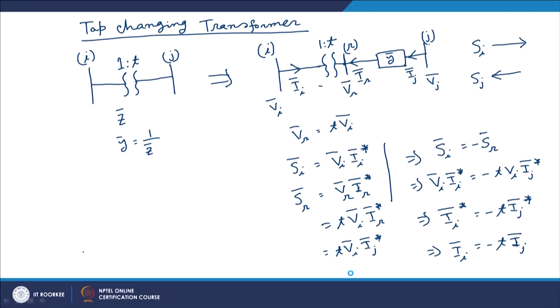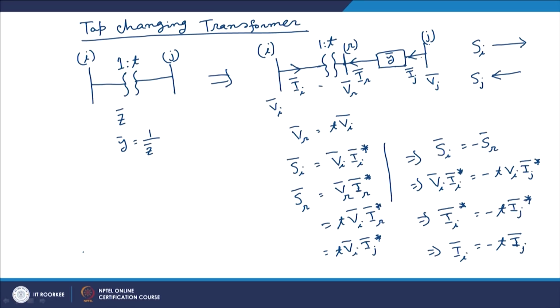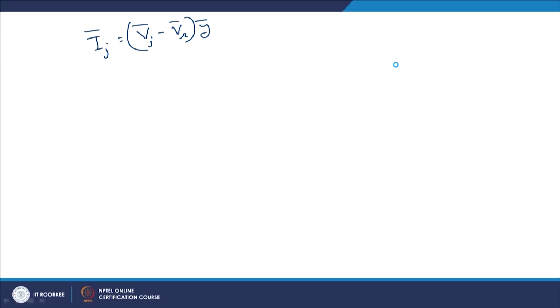So, from this equation Ij is equal to Vj minus Vr into Y. So, from this circuit Ij is this voltage minus this voltage into this admittance.